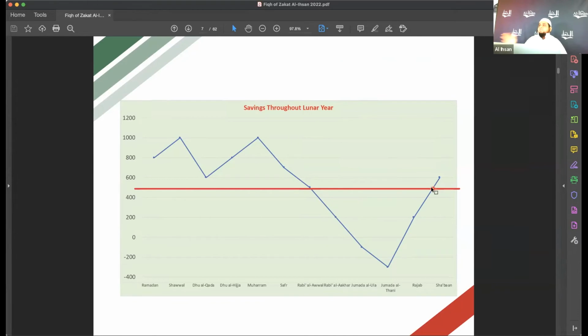So let's say for 5 years straight, a person always had some amount of money. The first year they had 1,000. At the end of the first year, they pay zakat on the full 1,000. Next year they had 2,000. They pay zakat on the full 2,000, and so on and so forth. It's not just on the increase; it's on the full amount.